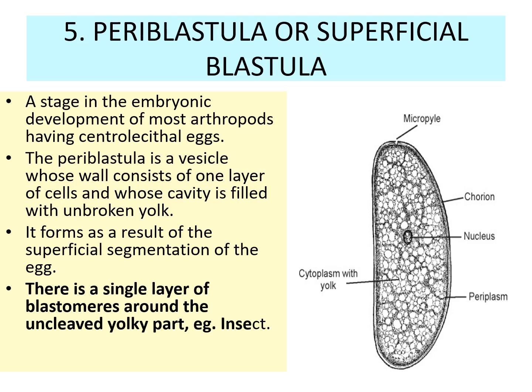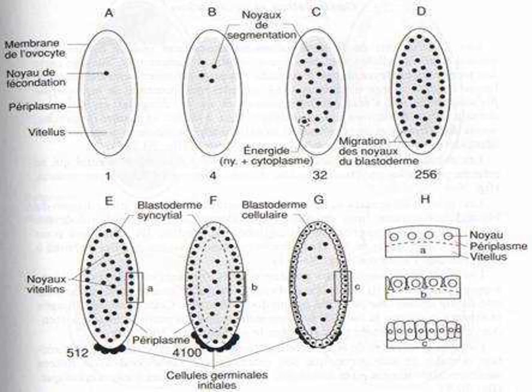It forms as a result of superficial segmentation of the egg. There is a single layer of blastomeres around the uncleaved yolky part. An example is insects. So in this way, in the case of insects, the periblastula is developed.